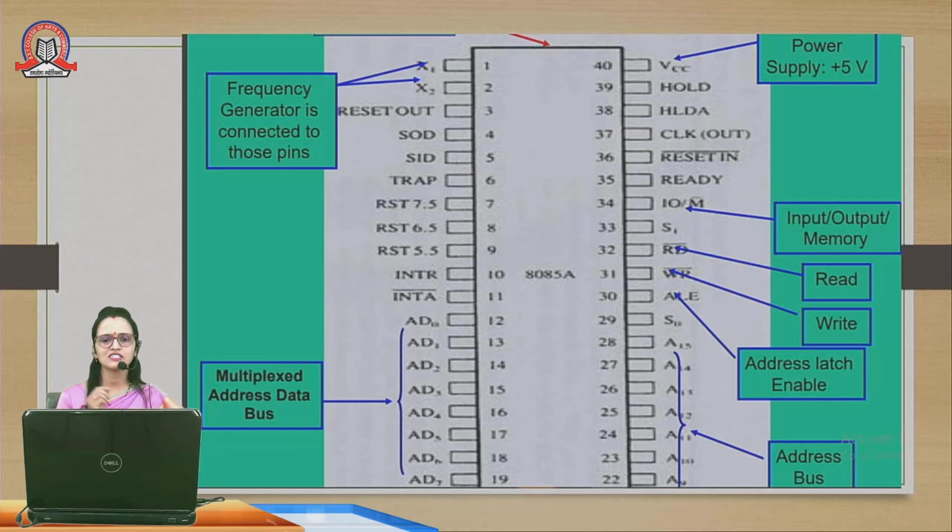You start with your source and finally reach your destination point. So buses also perform this life cycle. AD0 to AD7 is nothing but our bus.